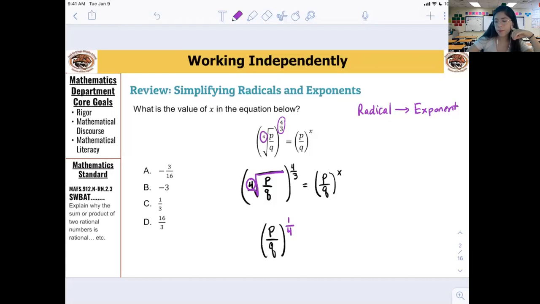Where does that 1 come from? And this goes for anybody. I know the 4 was on the outside of the radical.